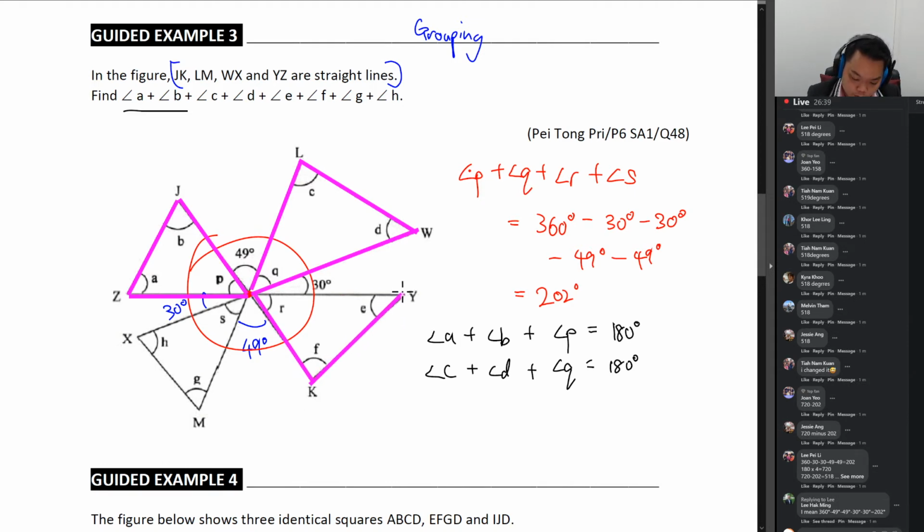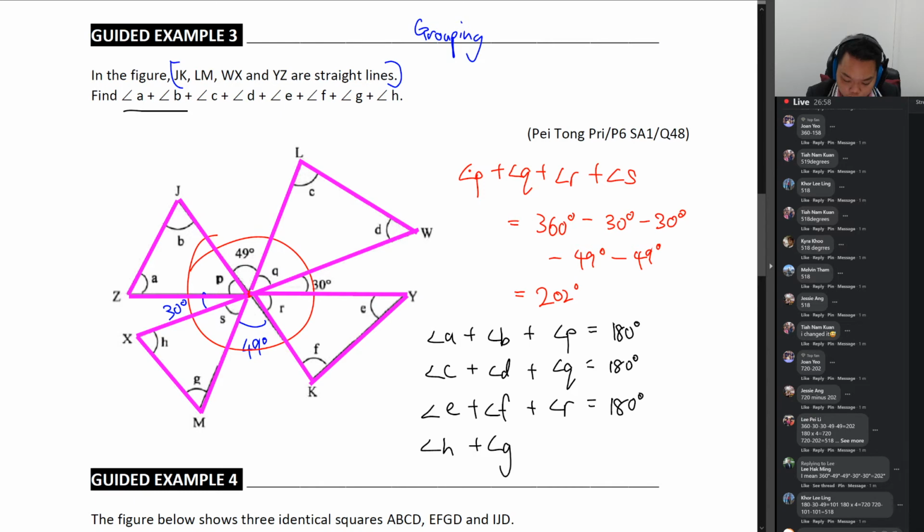In this triangle, angle E plus angle F plus angle R will give you 180 degrees. Angle H plus angle G plus angle S gives you 180 degrees. So all of these add up to 202 degrees, as we found out earlier.